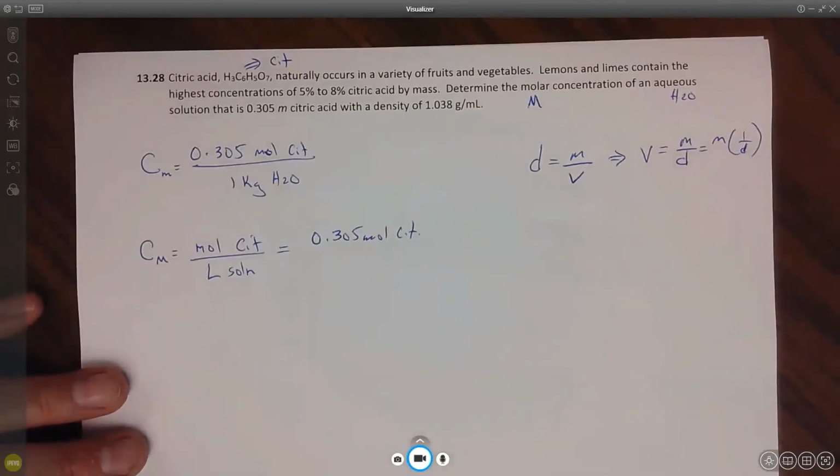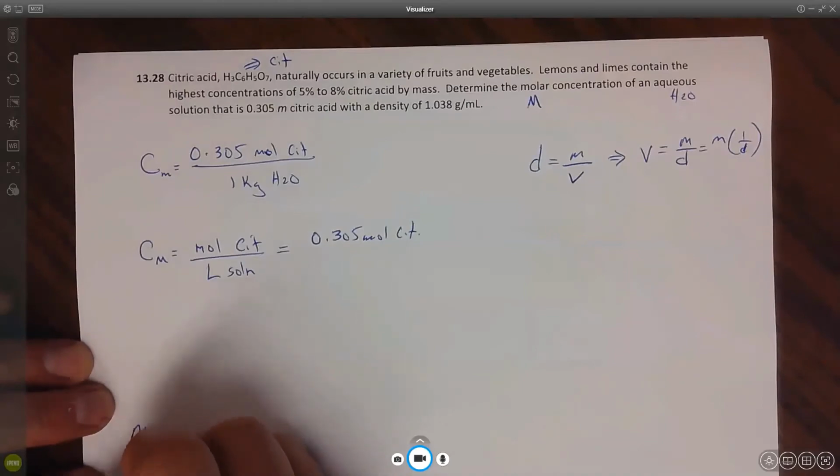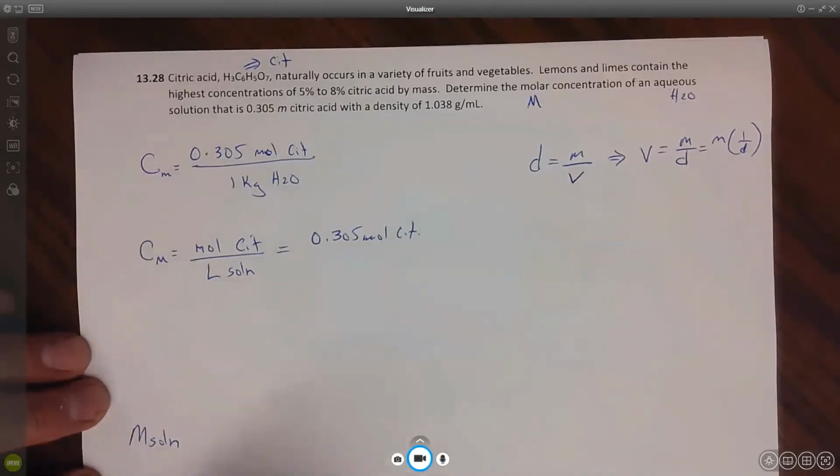Yes. Now, what is the mass of the solution? Remember, this is solution. What is the mass of the solution? It is going to be the volume of both the citric acid and the water. So the mass of both of them.